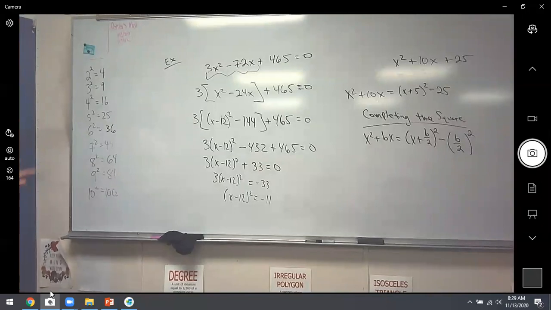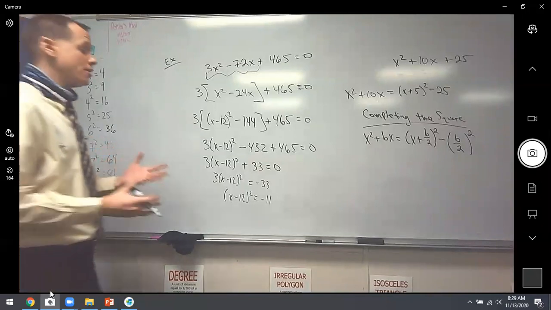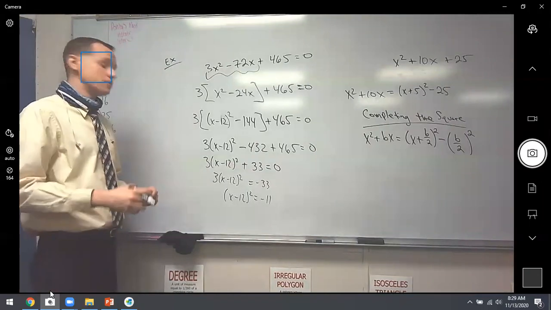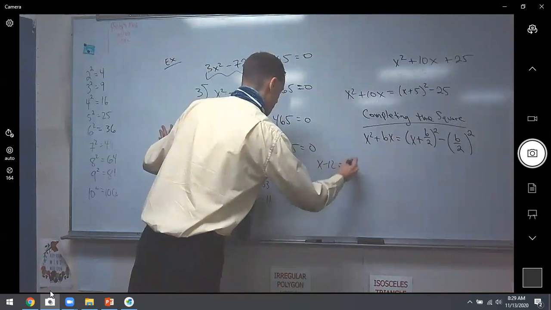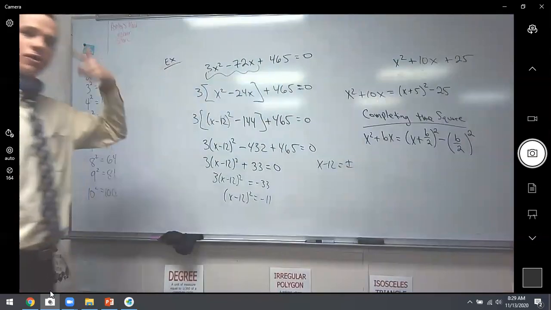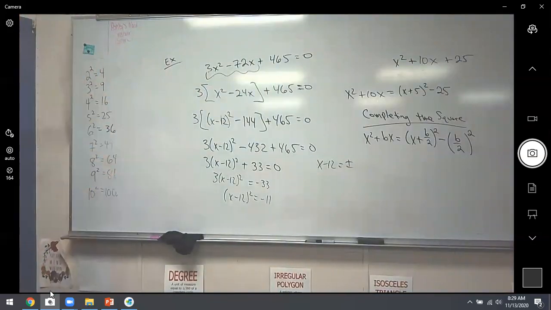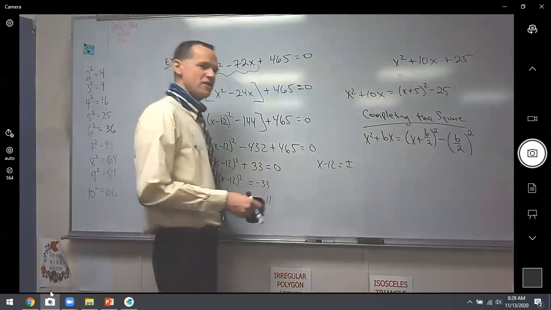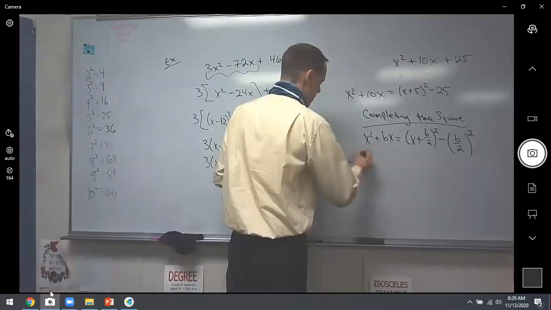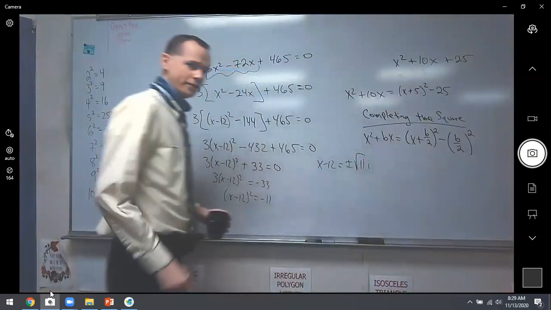And finally, we got that squared thing by itself. So we're going to take a square root of both sides. The square root of this side would be x minus 12. I'm taking a square root, so I'm already thinking about that plus or minus. And over on the right side, square root of negative 11. Square root of a negative, that's an i thing.